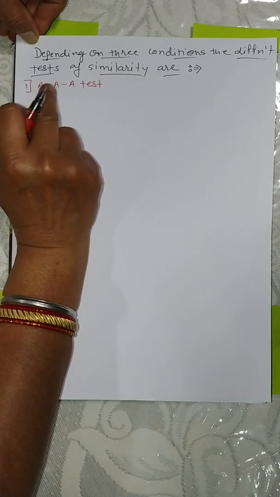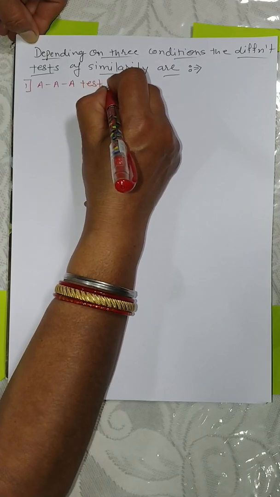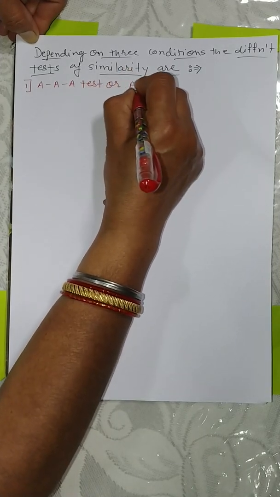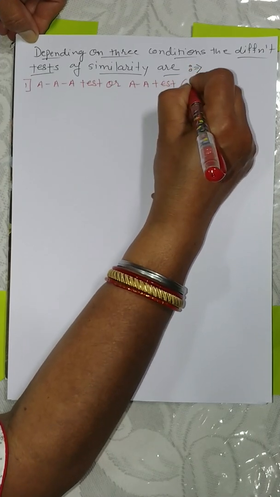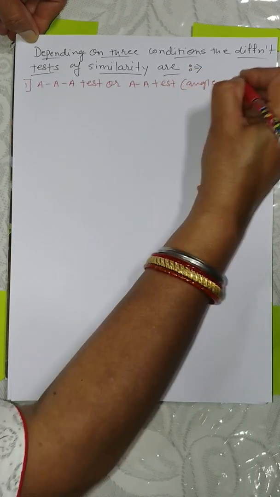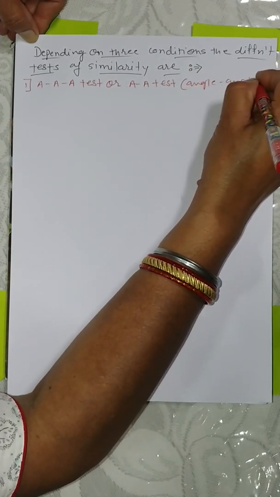AAA test means angle, angle, angle, or simply AA test, that is angle, angle test.